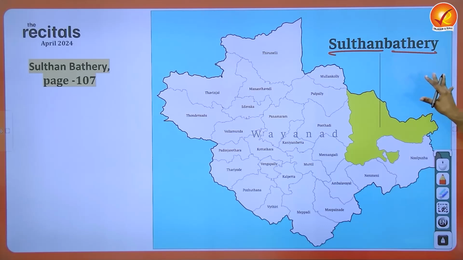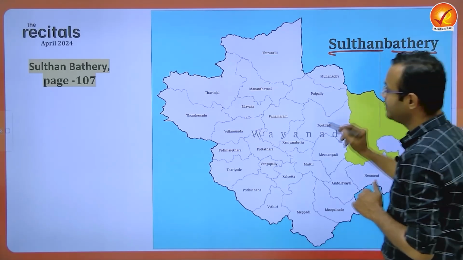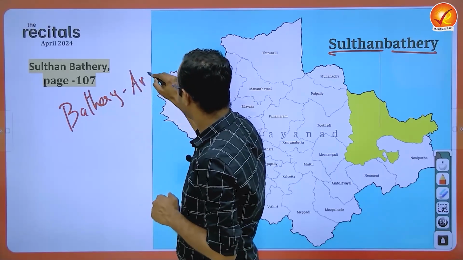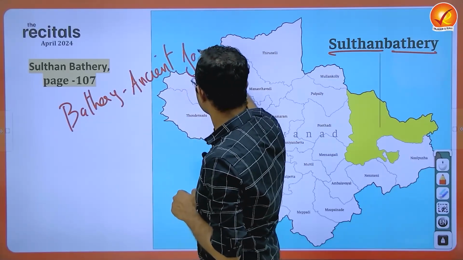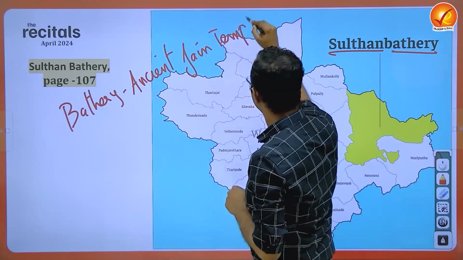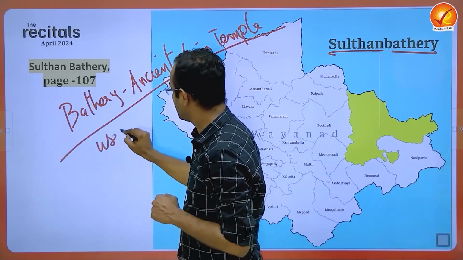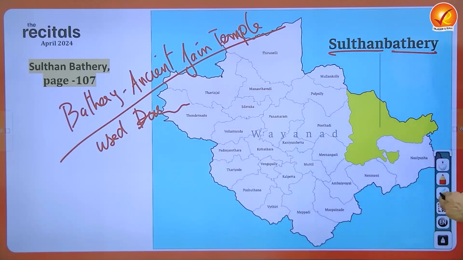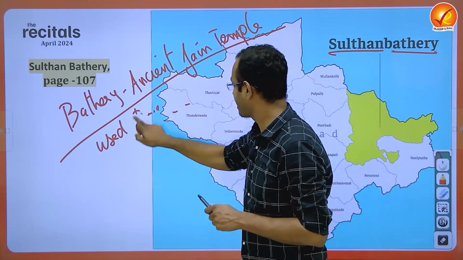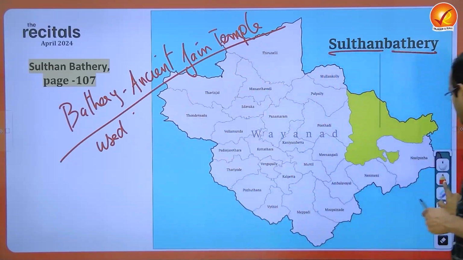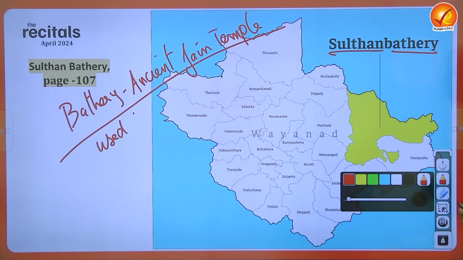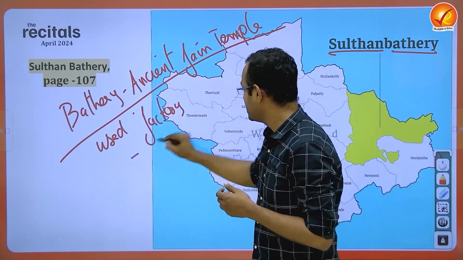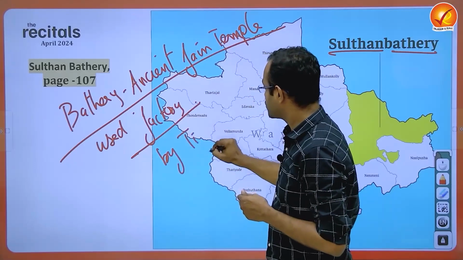Bathery is an ancient Jain temple, which was used as an ammunition factory or storage place by Tipu Sultan.